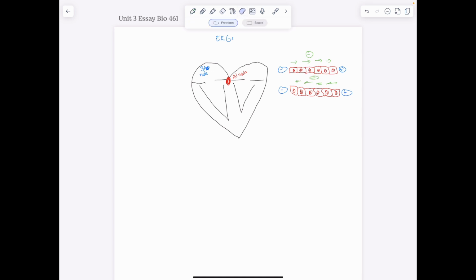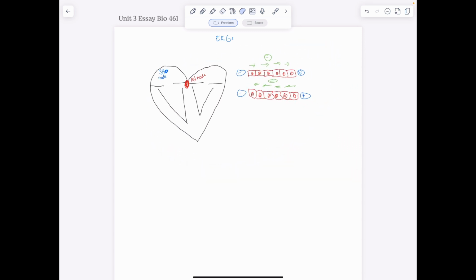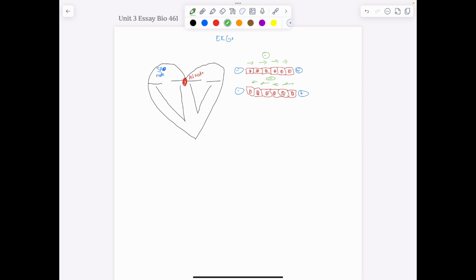And so I'm going to move this over to draw these. For this first one right here, we have a negative tail going towards a positive, so we're going to have an upside wave. And if we have a negative going towards a negative, it's going to be down.